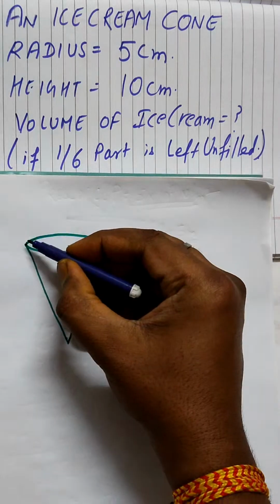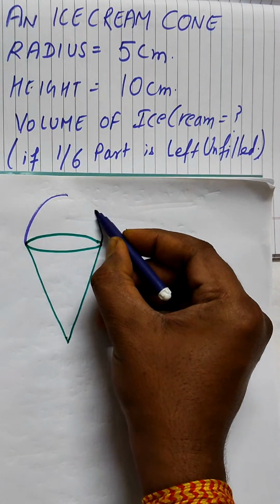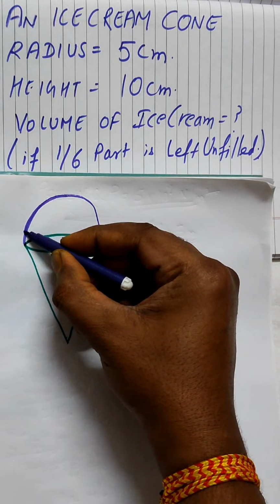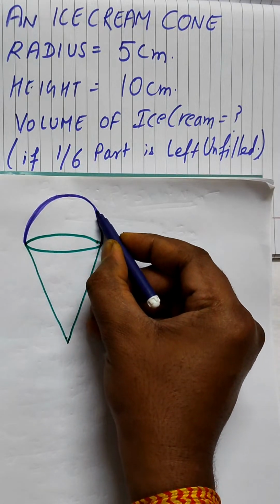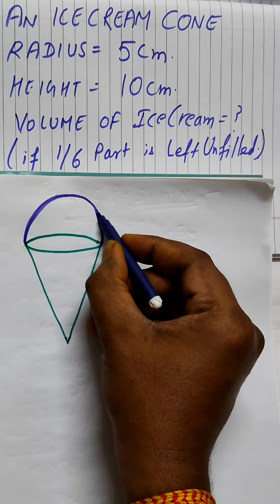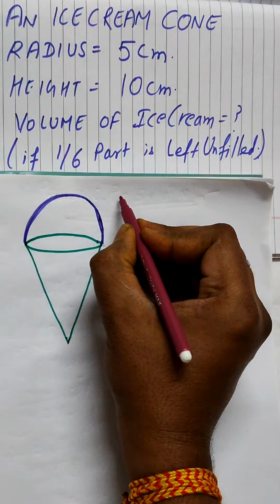Into the top you can see some ice cream is filled like this till the top, right? Now the data given in this question is that the height is 10 centimeter.